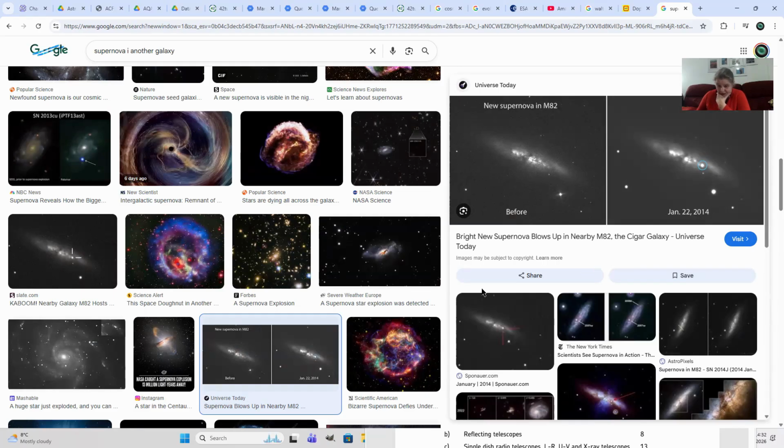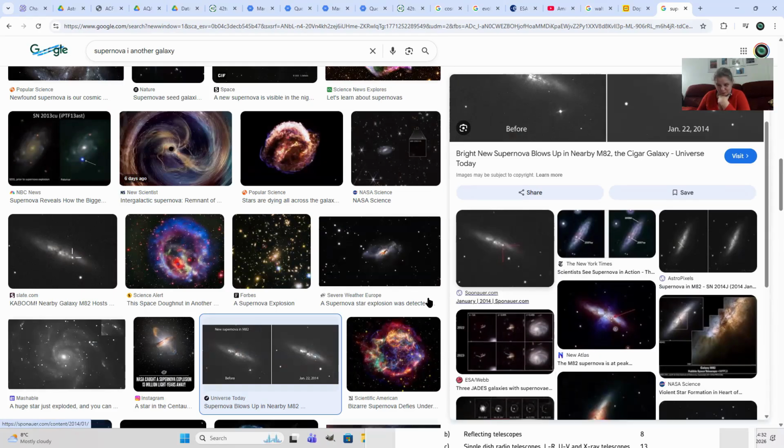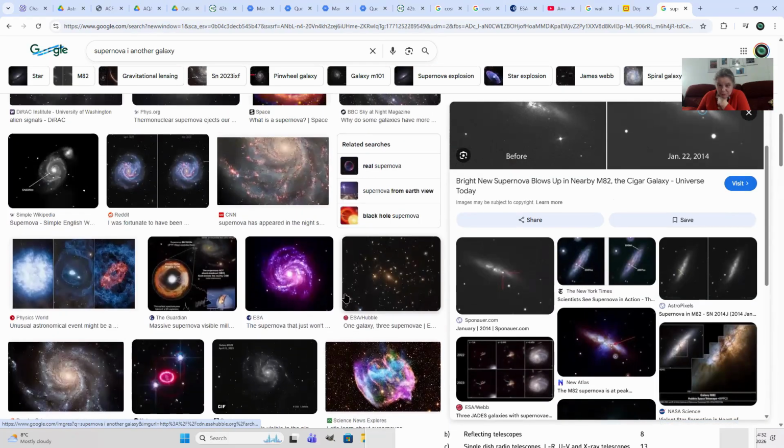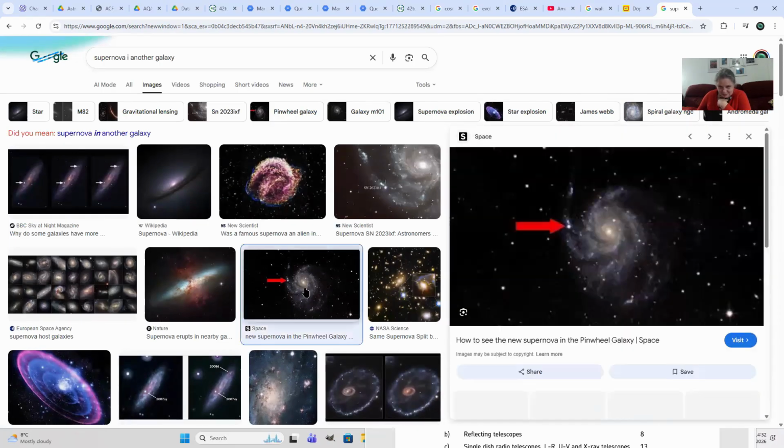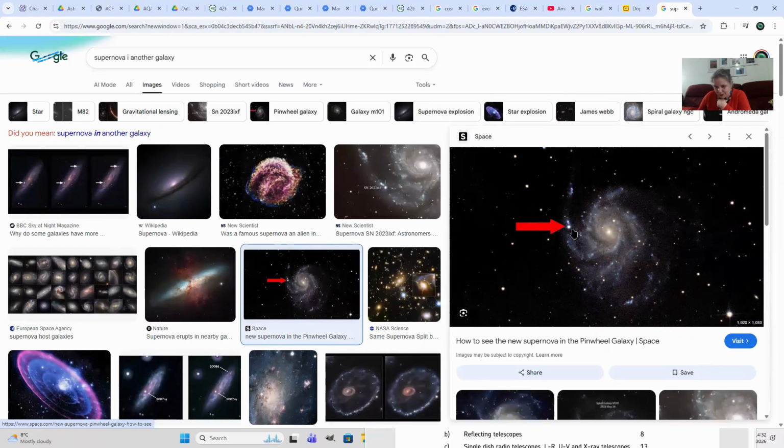If you're interested in this sort of thing, there is something called the supernova portal. Just do a search for supernova portal and you get the supernovae reported to you if you opt in to their notifications. So there, I think that might be the Pinwheel galaxy, and you can see the supernova. It's brighter than the center of the galaxy.